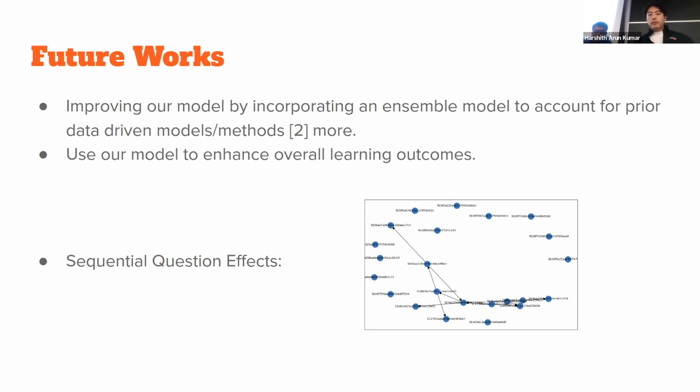Something we've been working on parallel to this is also sequential question effects. In a lesson, when a student is sitting down and doing it, they're given sequential questions to answer. And if they get a particular question wrong in that period, they're given an assistance.